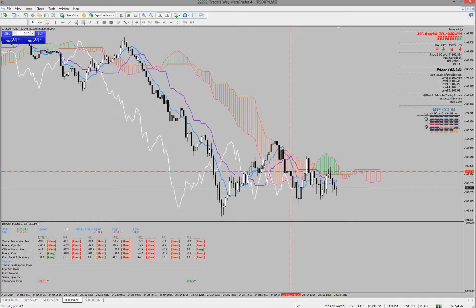And if we remember, the white line's Casper, the blue line's Timmy, and purple is Mr. Krabs. The blue line is the faster moving one, the purple is a little bit slower, and this white line is always 22, 26, depending on your settings, behind. If we look, here's the candle, and it is back here. Okay, so for this trade, we did have our crossover.